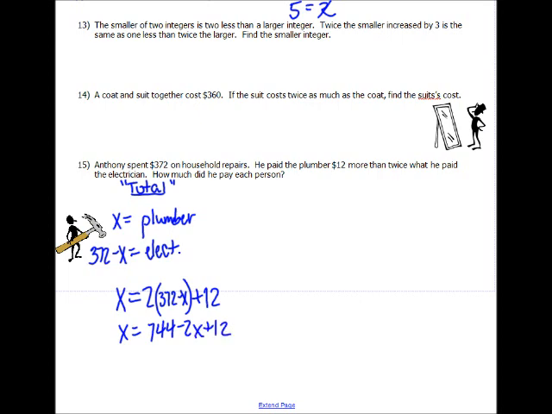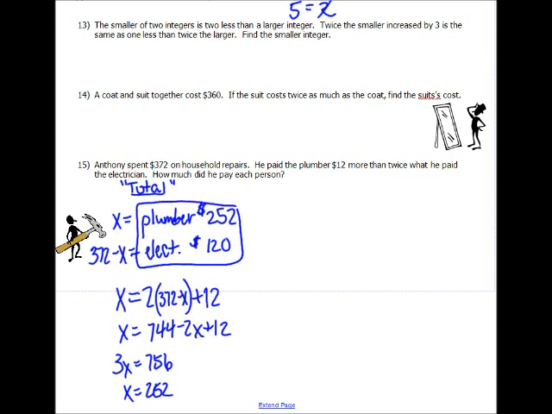And if I bring the 2x to the left, I get 3x equals, simplify 744 plus 12, 756. And that is going to be 252 if you divide that out. So that means he paid the plumber 252, and if I subtract 252 from 372, I get 120. All right, so that's one way of doing it.